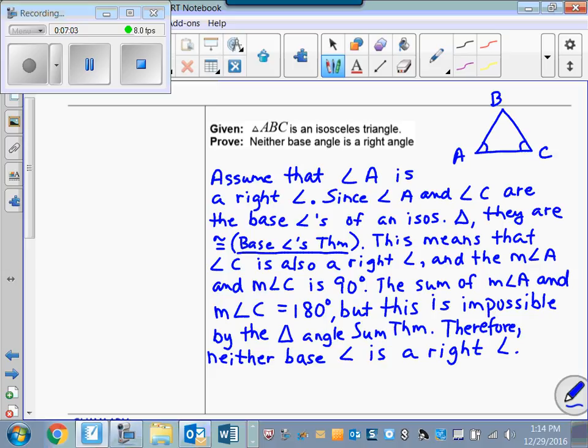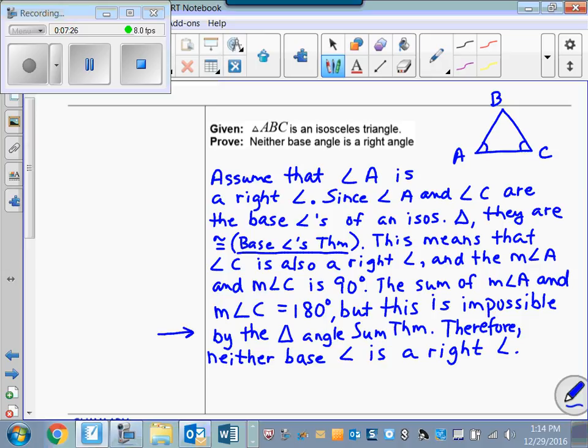If that's the case, then the sum of their measures is 180 degrees, but this is impossible by the triangle angle sum theorem, which tells me that the sum of the measures of all the angles is 180. That would mean the measure of angle B is 0, which is impossible. I don't have to write all that, guys. This is plenty.